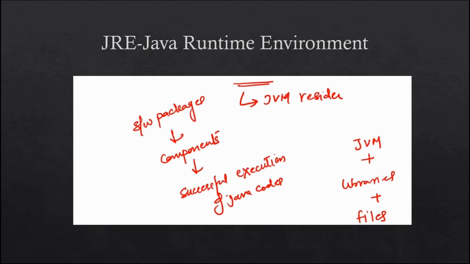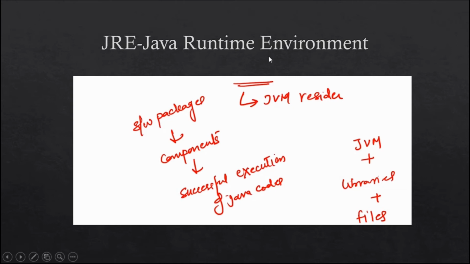Let's proceed further to JRE, Java Runtime Environment. What do you understand by the term itself? It's a complete environment which provides the set of procedures and the set of things which are required in order to execute your code. Java Runtime Environment is the environment where the JVM, your virtual machine, resides in order to execute your code.